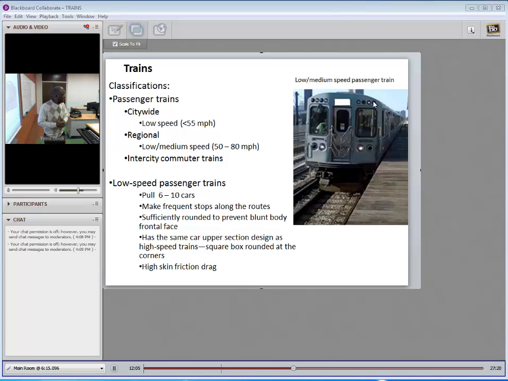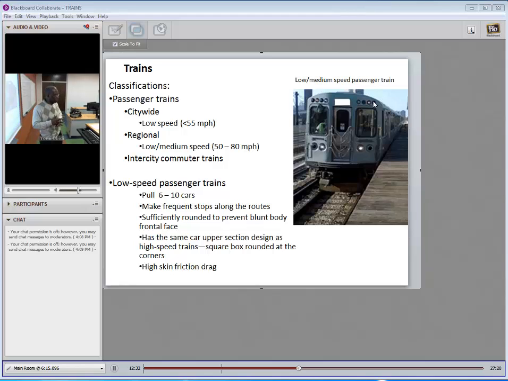Well, the low-speed passenger trains pull about 6 to 10 cars, give or take a couple. That's generally the amount of cars that they pull. They make frequent stops. They're low speed. They generally are citywide, just like buses making stops at different places.